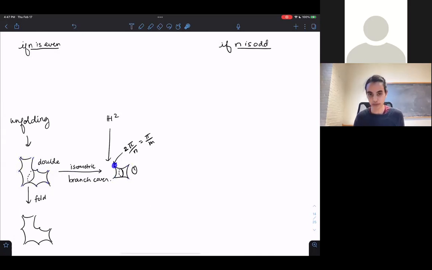And these cone points, what is the total angle around them? By the way, it's 2 pi over n, okay. And these are even order orbifold cone points.